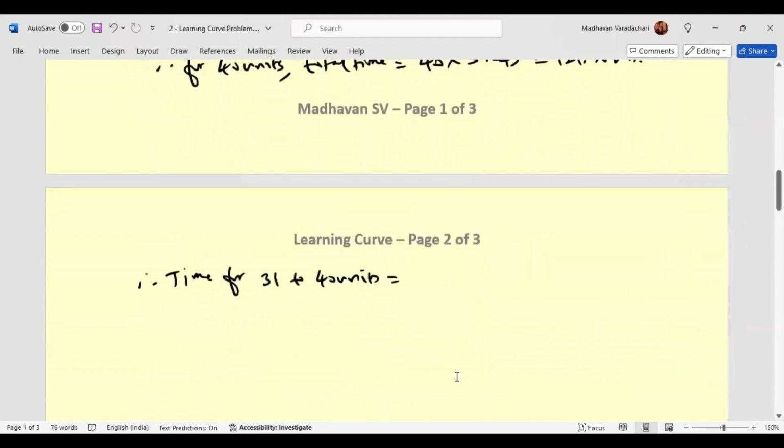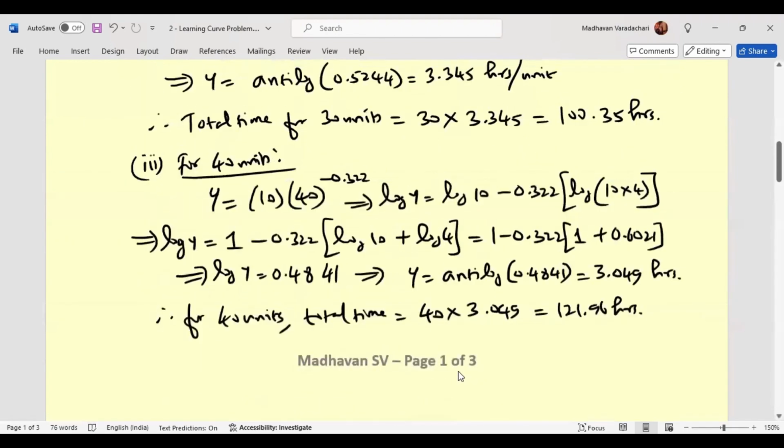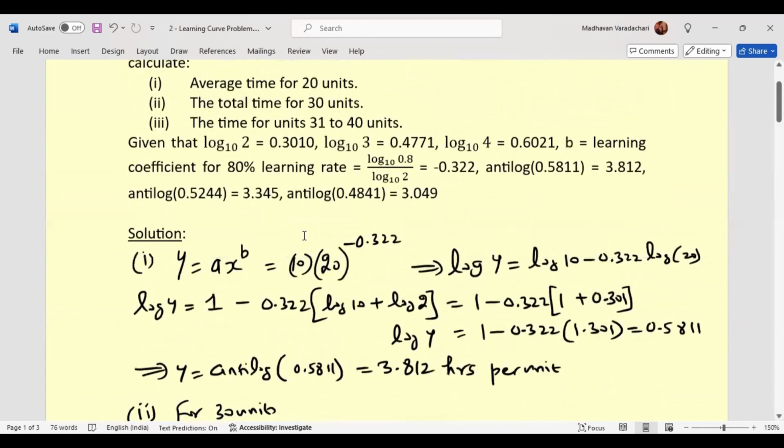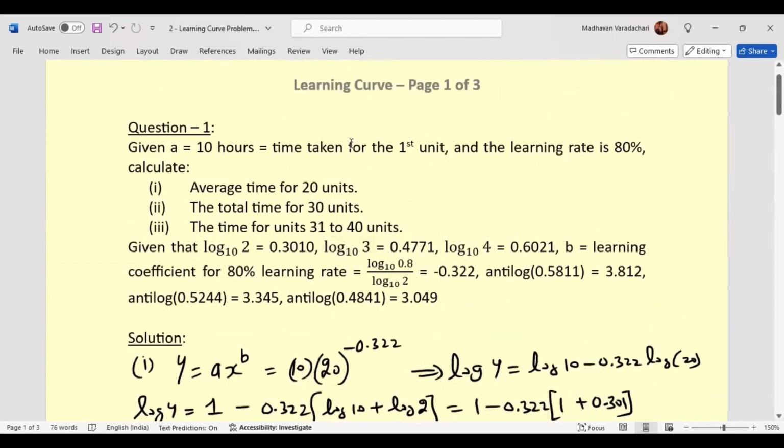So 121.96 hours minus 100.35 hours. Together, it will become 21.61 hours. That is the third part's solution. And there are only 3 parts in this question. All the 3 are being done.